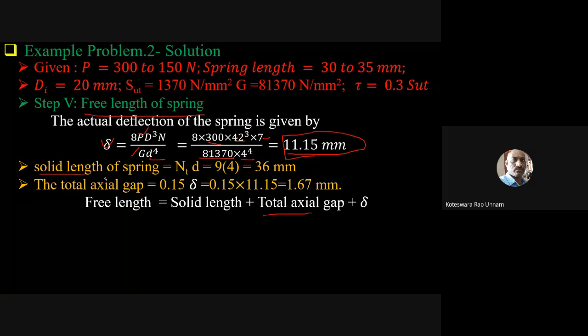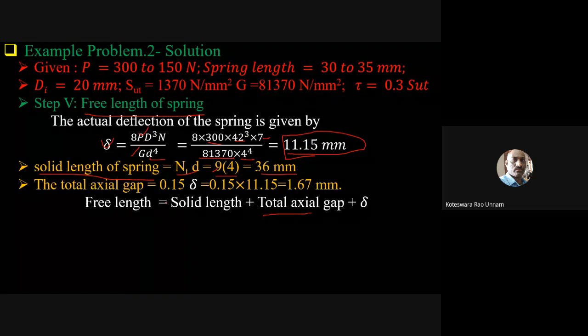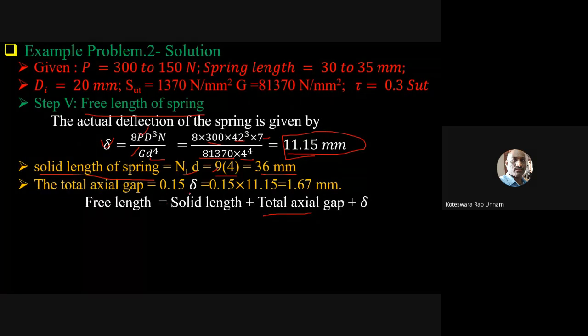The solid length of the spring is straightforward: total number of coils multiplied by the wire diameter. Total number of coils is 9 and wire diameter is 4, so it comes out as 36 mm. The total axial gap is what he has already given in the problem, so we take it as 15% of delta, which is 0.15 into 11.15, coming out as 1.67.